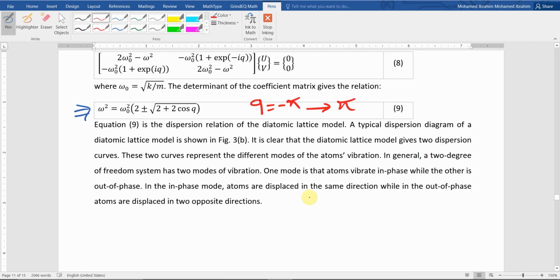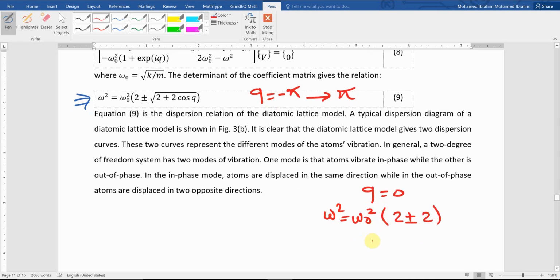So for example, let us calculate some values. For Q equals 0, this term will be 1, so this gives us 2 plus 2, which is 4, so it's going to be the square root of 4. So this equation will be omega squared equals omega 0 squared times 2 plus or minus 2, right?